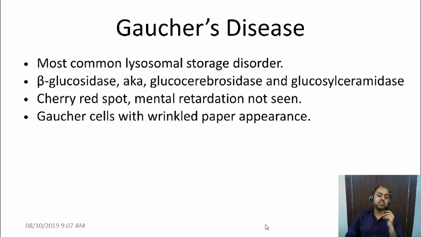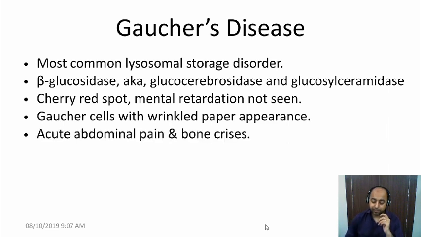The Gaucher cell, which is seen here, has the appearance of wrinkled or crumpled tissue paper. Typical presentation in these patients is with acute abdominal pain and the bone pain.